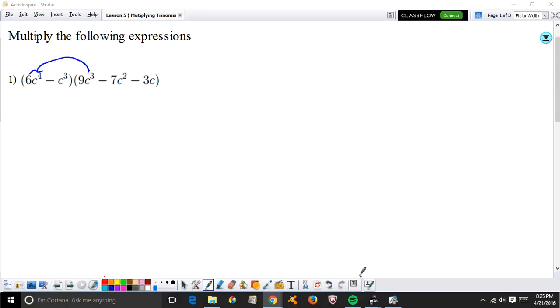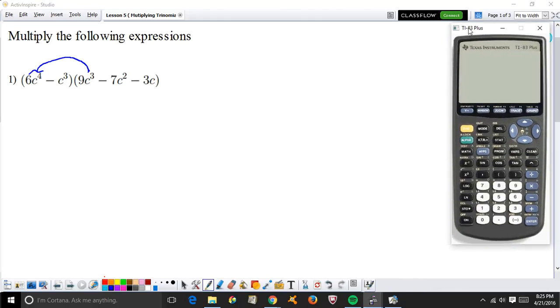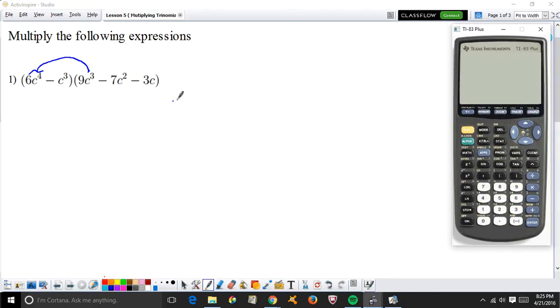And again, how we multiply here is we do number with number, letter with letter, constant with constant, variable with variable. So now we see 9 times 6, that is equal to 54. Now we need to multiply variables, and again, just a small review.